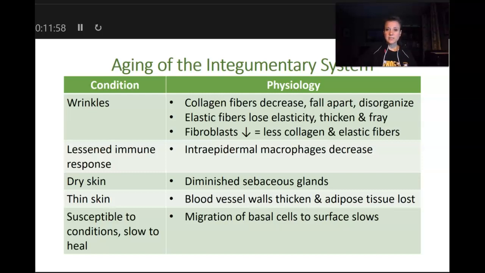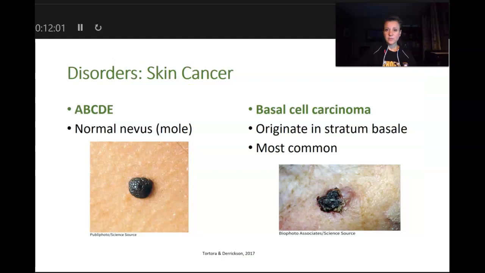So the next slide is going to commence our talk about skin disorders. And like I said, we're going to focus on different skin cancers and on burns. And skin cancer is the most common cancer that is found in humans.